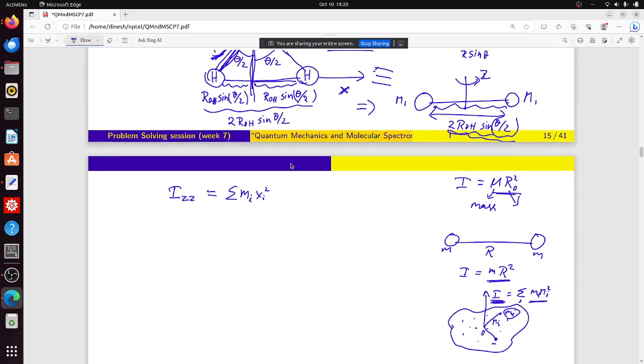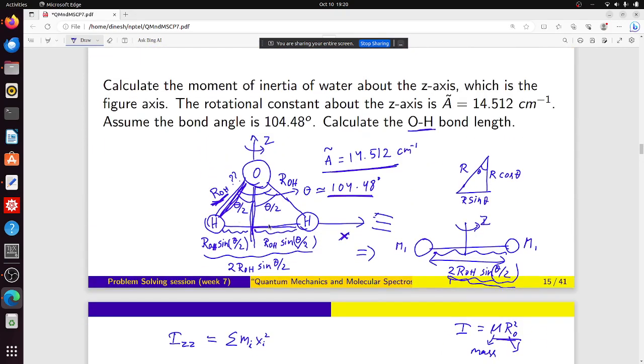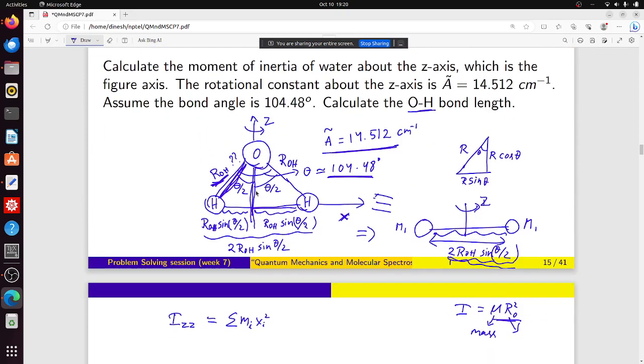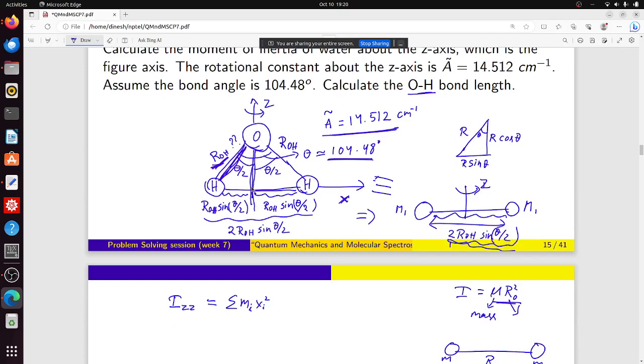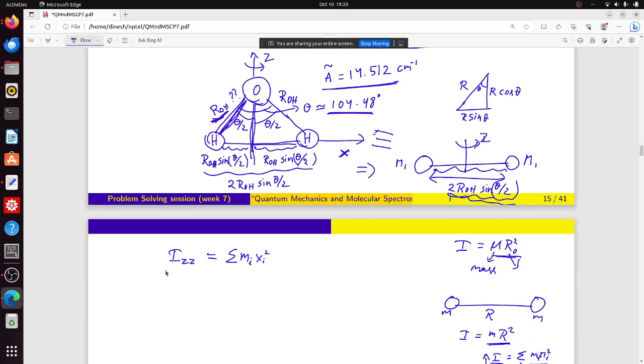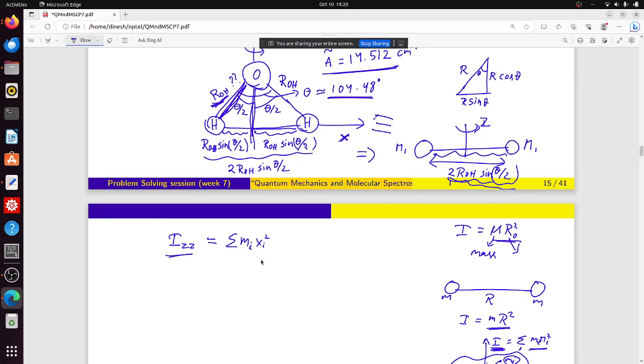Okay, so in this system also we have three atoms, three particles. So the total moment of inertia around this z-axis will come from all three contributions, from all the masses and their distances from the reference axis.